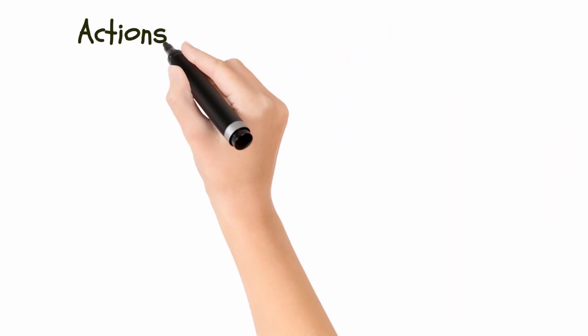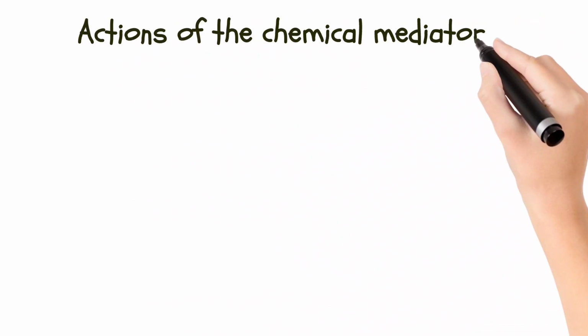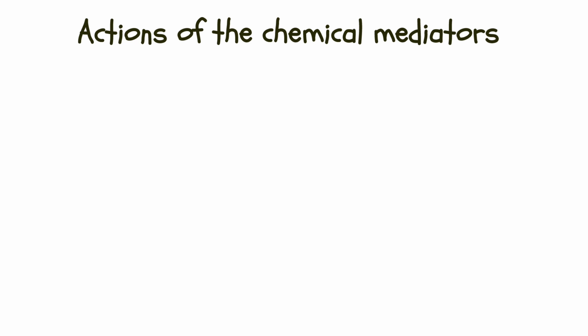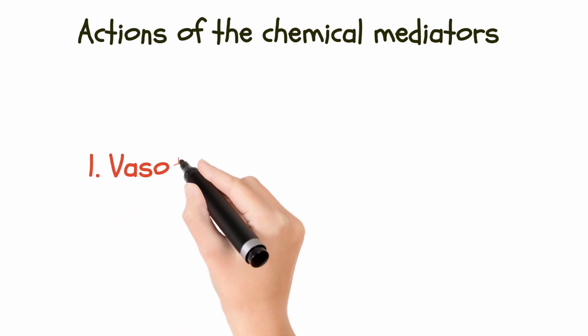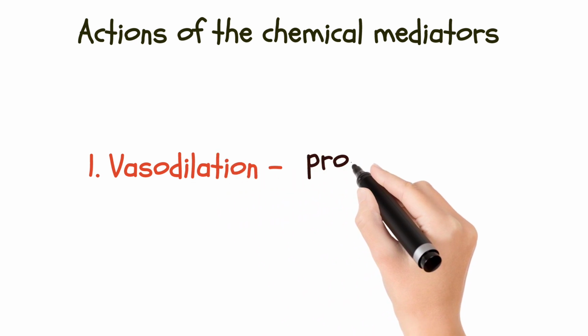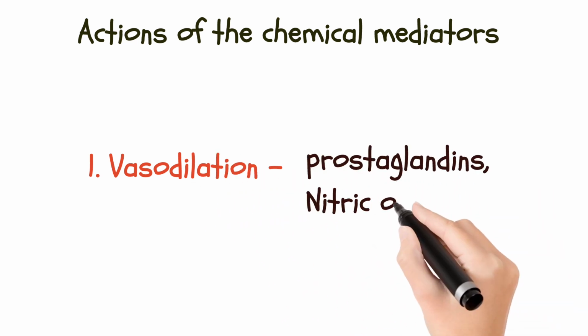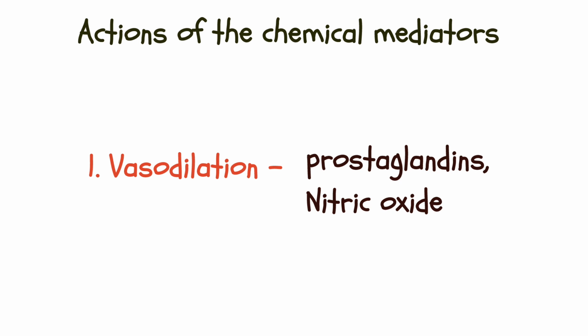So now let's look at the actions of the chemical mediators, how the chemical mediators act. Substances like prostaglandins and nitric oxide, when released, cause vasodilation. Vasodilation is when the blood vessels get wider, and this will lead to an increase in the flow of blood to a particular part of the body.